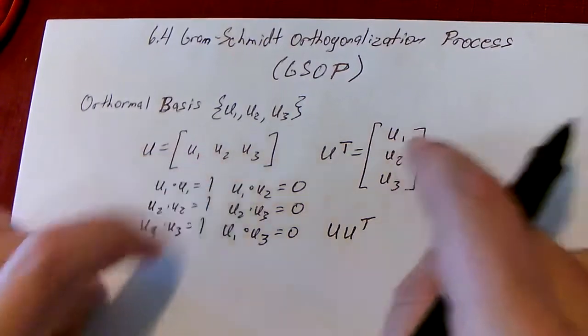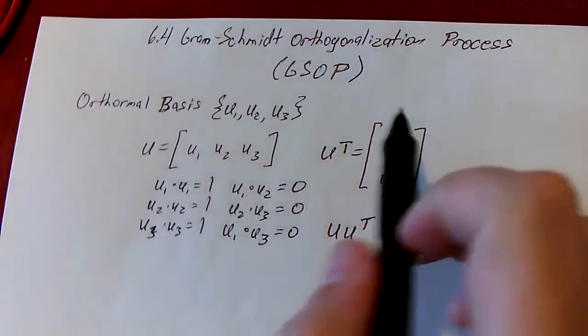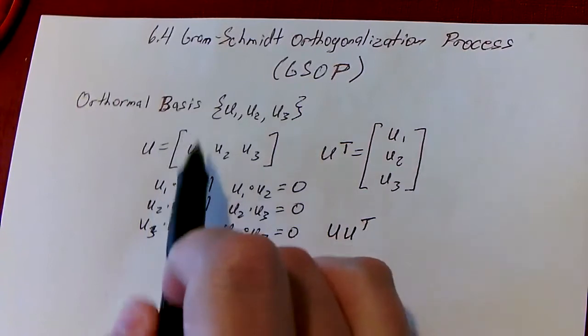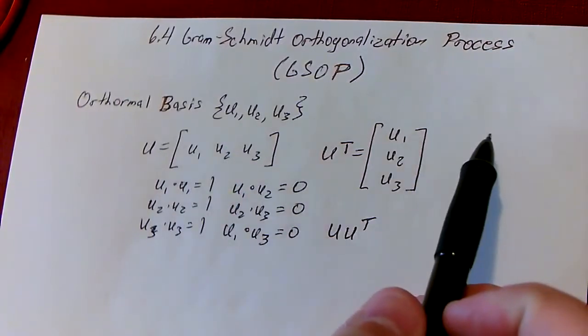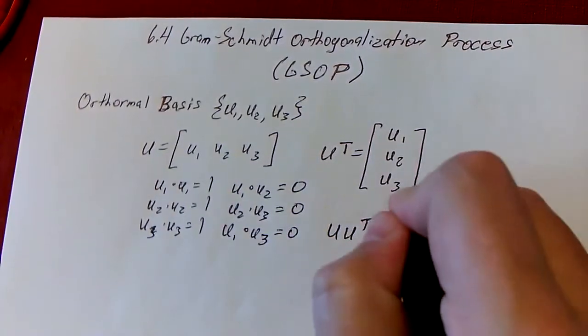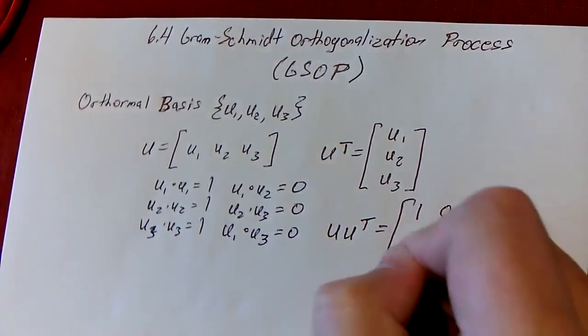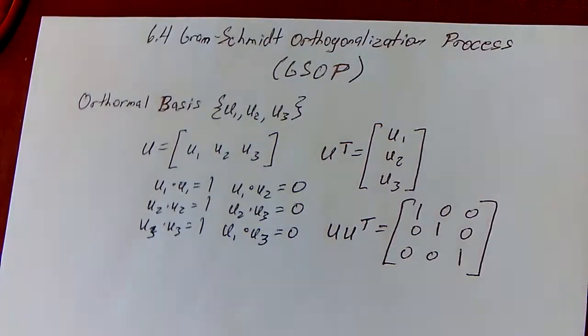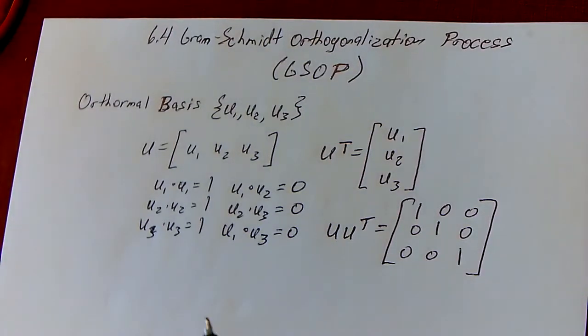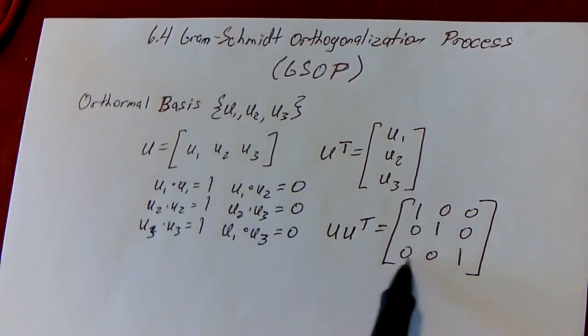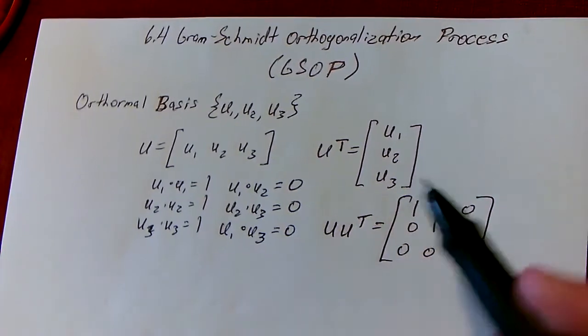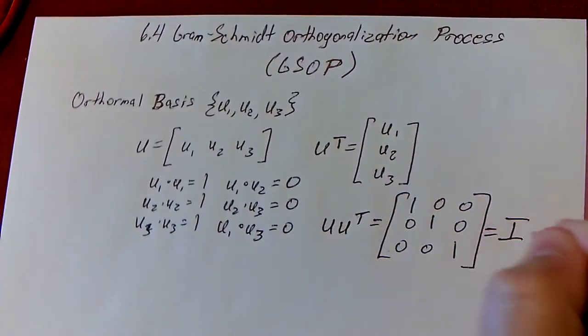And all of the intermingling, because remember these are vectors, so they have coordinates going down in this case or across in this case, and I'm going to multiply all those. And when I do that, I'm just going to get 1s on the main diagonal with 0s elsewhere because it's orthogonal. Okay? It's orthogonal, gets me the 0s. It's normal, gets me the 1s. Okay? So U transpose times U is equal to the identity.